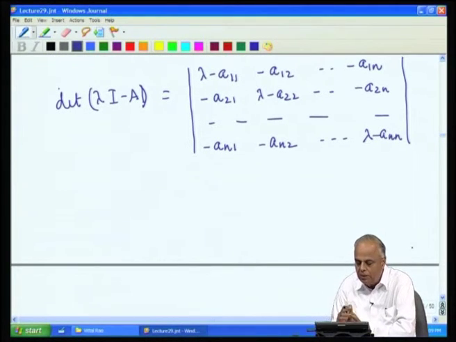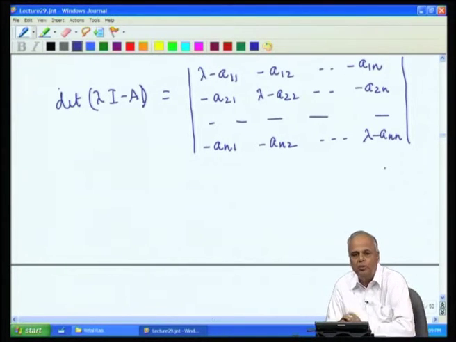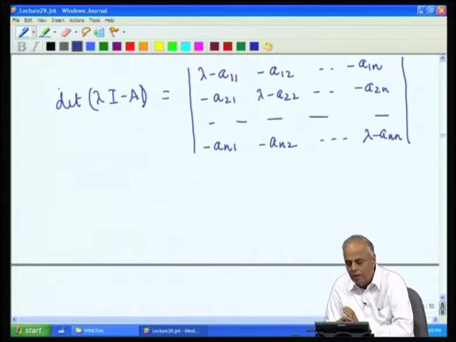When we expand this determinant, we see that the product of the diagonal terms is one of the terms in the expansion, and it will give lambda to the power of n. That is the highest power of lambda we can get.